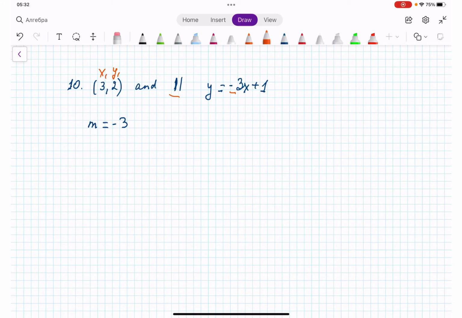First of all, we refresh our memory about slope, where slope is equal to y2 minus y1 over x2 minus x1. Since we have only one pair of coordinates, I am going to take off index 2 and we'll have y and x, just like we have here. So from here I can write y minus y1 is equal to m times x minus x1.